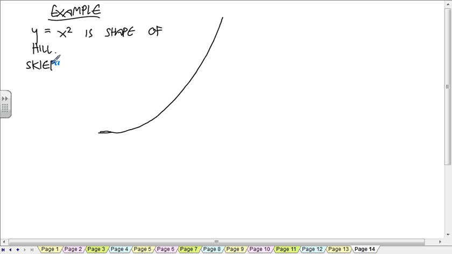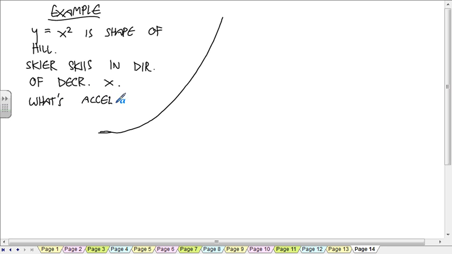And a skier skis in the direction of decreasing x. What's the acceleration if the skier starts at position x equals 20?